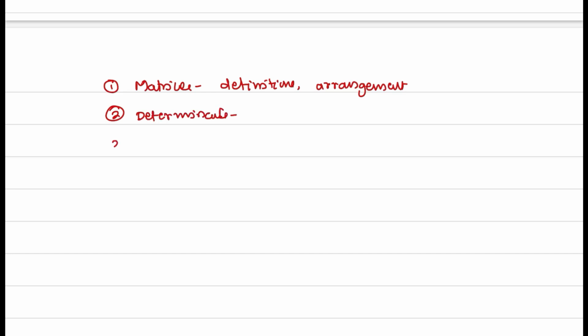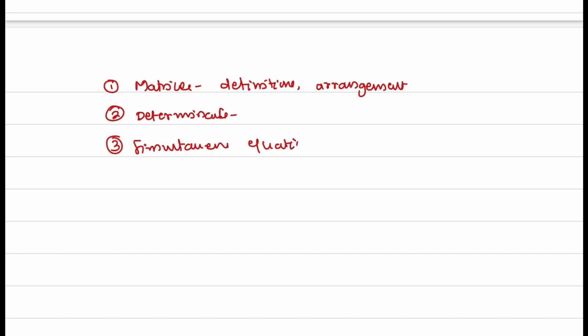What we have spoken about till now is matrices, definitions, how a matrix is arranged, and determinants. What are the uses of determinants? We have spoken about simultaneous equations, with numerous solutions and a unique solution.